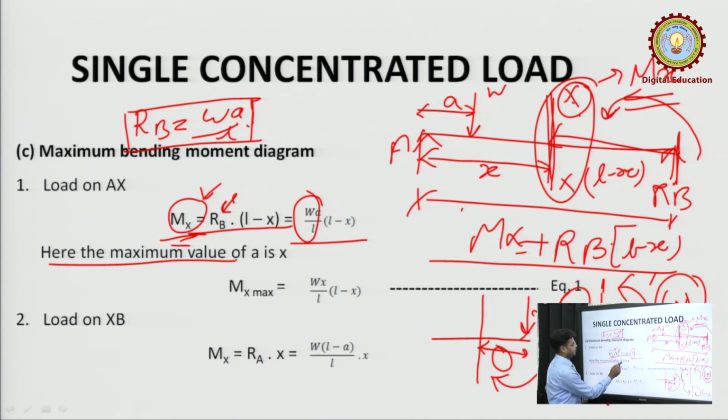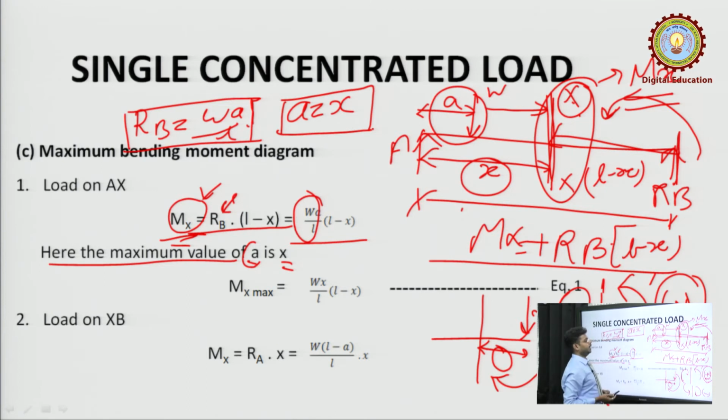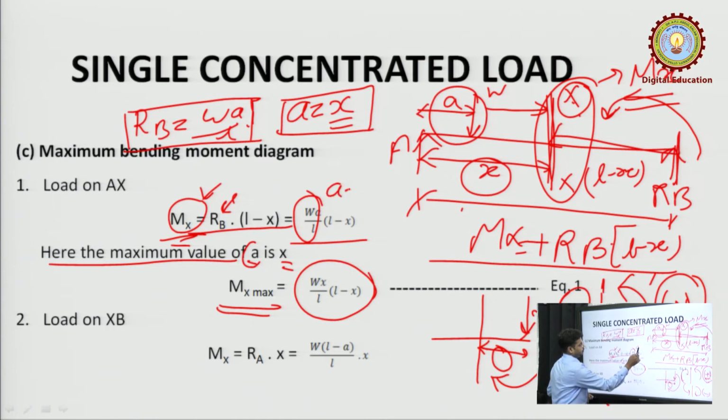The maximum value of a is x, which means the load can move towards the section only until a is equal to x. The maximum distance the load can travel is a equals x. For this condition, we put the value and get the maximum moment W into x upon L, into L minus x.